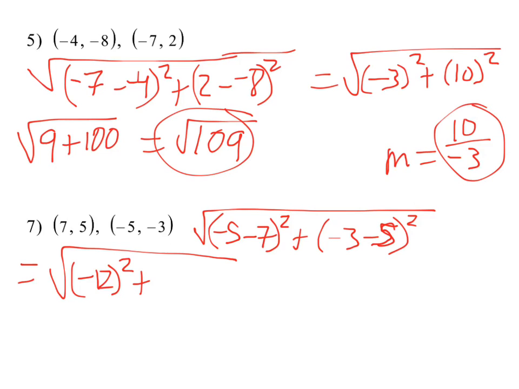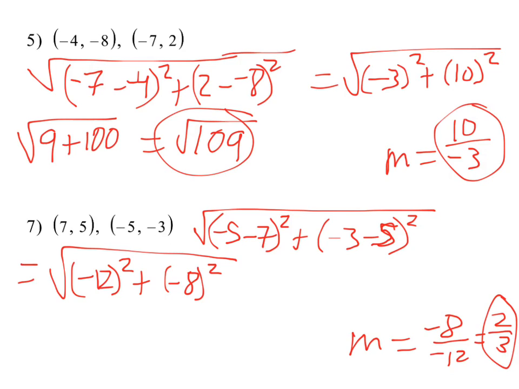That's the run. And then negative 3 minus 5 gives you negative 8. And that's the rise part, so when I look at my slope, slope's going to be negative 8 over negative 12, which when you simplify it down, you divide both by 4, you're going to get 2/3 positive.